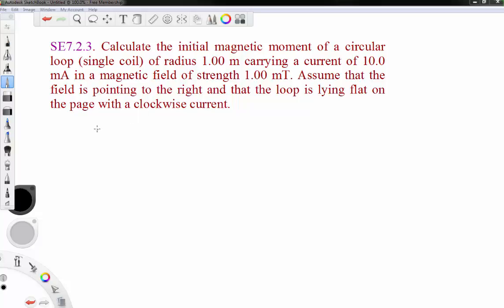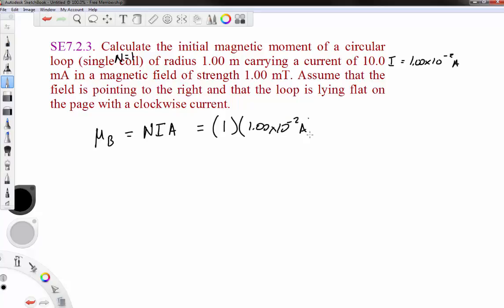Well, the magnetic moment itself, mu sub b, is just given by NIA, and we have one loop, since it is a single coil, so N equals 1, times the current. This is I equals 1.00 times 10 to the minus 2 amps. So 1.00 times 10 to the minus 2 amps goes here, times the area.